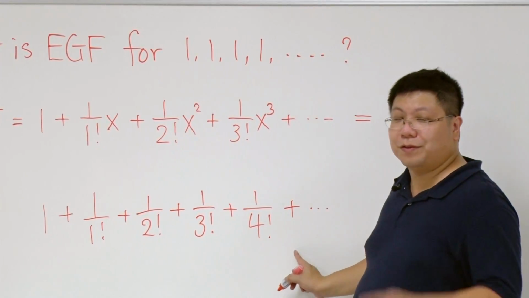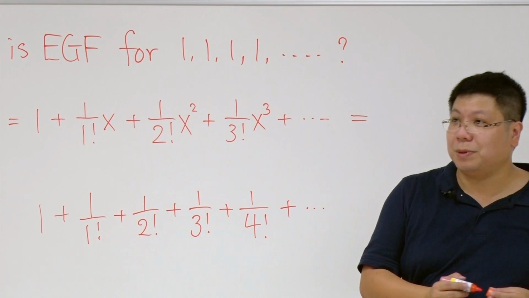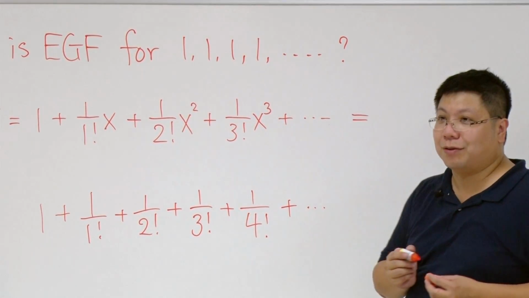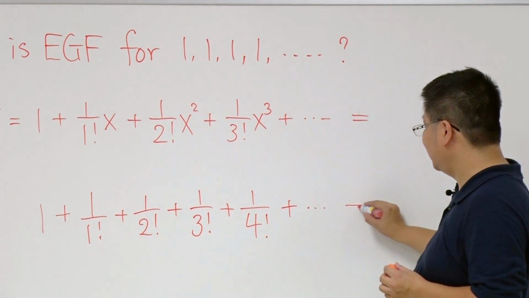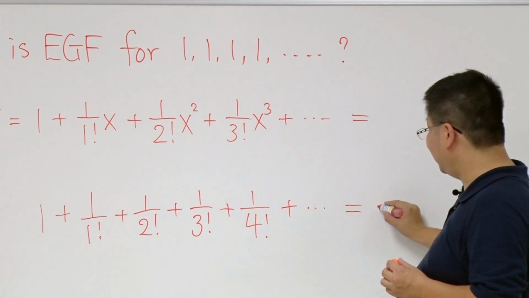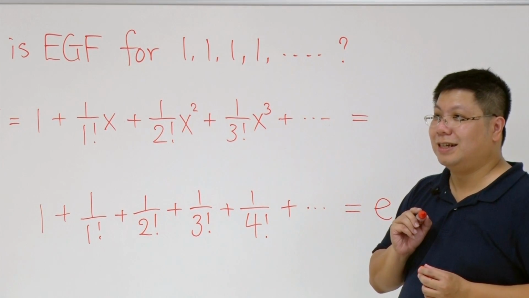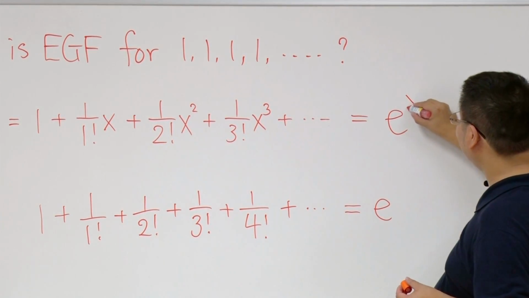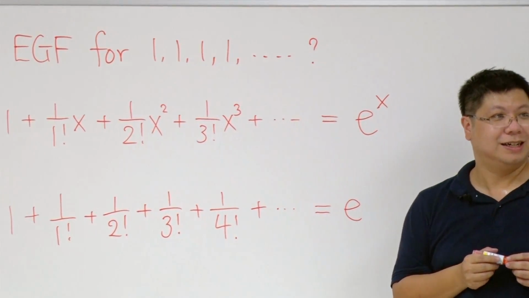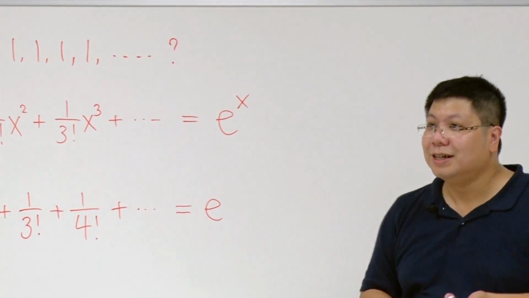So first of all, if we set x equal to 1, this is going to be a value, which is equal to e. Is that okay? And then in general, this is equal to e to the power x. Is that okay? Good.